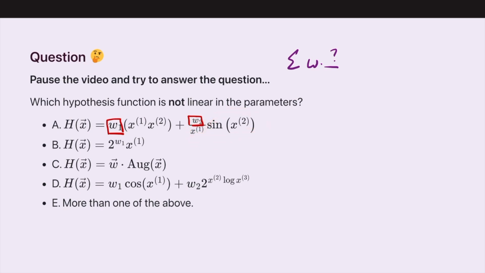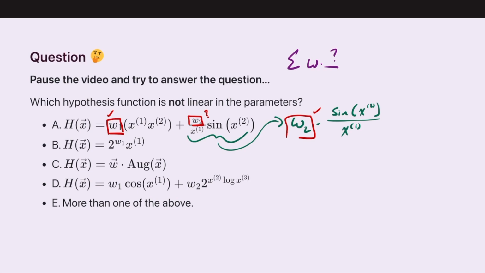Perhaps that is not linear, but it would be, because we could just rewrite this as W sub 2 times sine x2 over x1. Thus, we would have our W by itself, so that's good. This we were unsure about, but now we're good. So this is good to go. Okay.